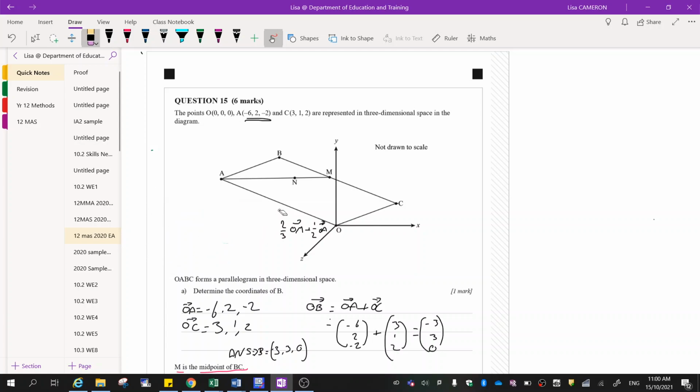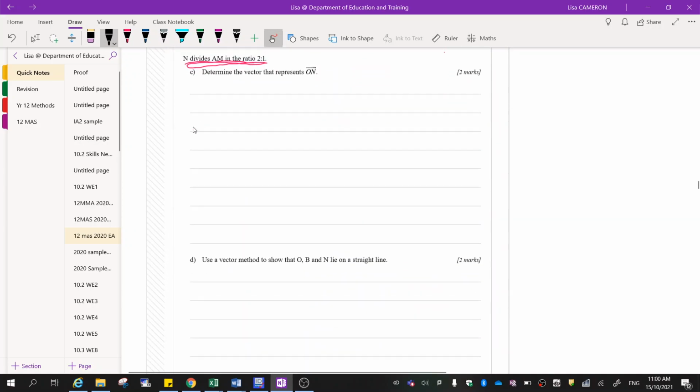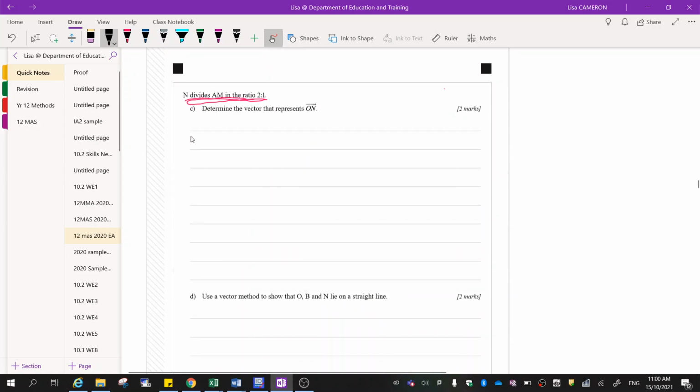Okay, so let's scribble this stuff out, and let's go back to black and move down. Determine the vector that represents ON. So ON is equal to 2/3 of OM plus 1/3 of OA.